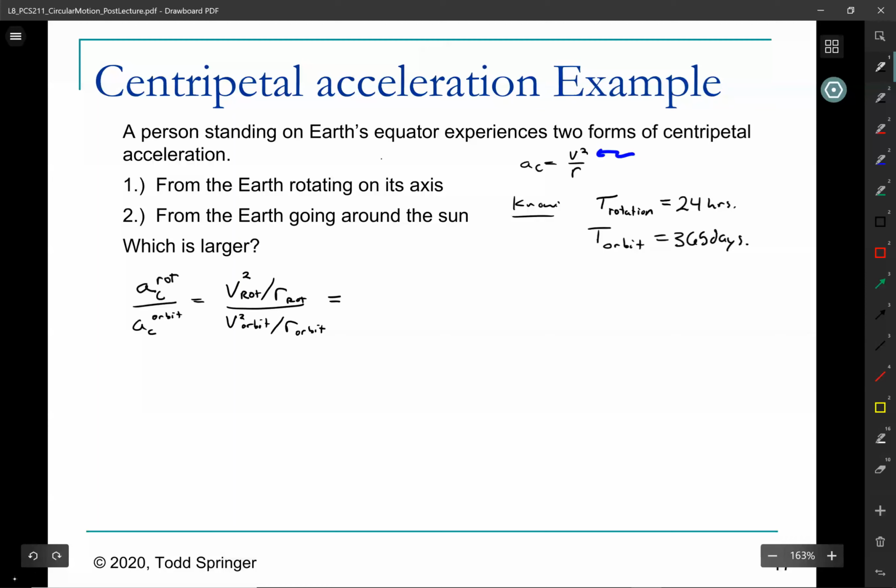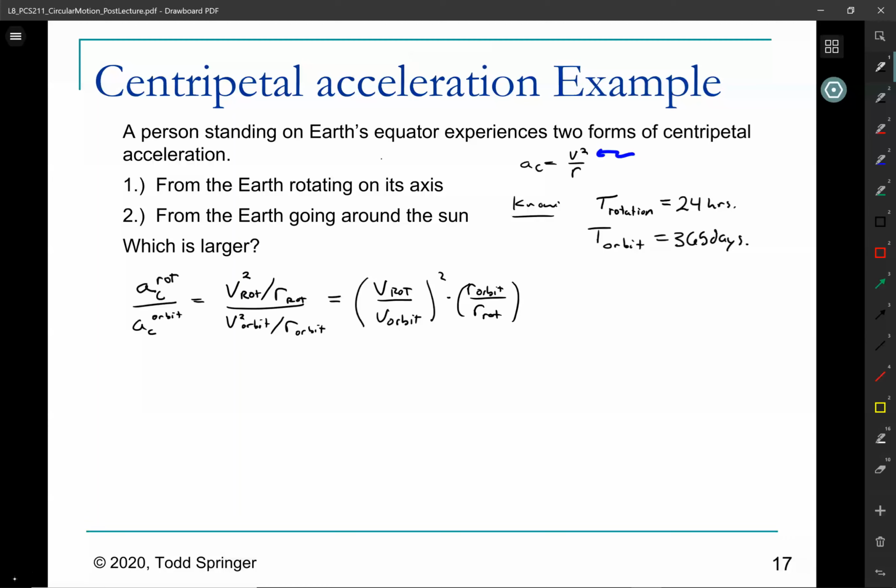And if I simplify this a little bit, I get v rotation over v orbit, squared, times r orbit divided by r rotation, like that. I'm just using the fact that I divide by a fraction, so I multiply by the reciprocal of that, and this is what I get.